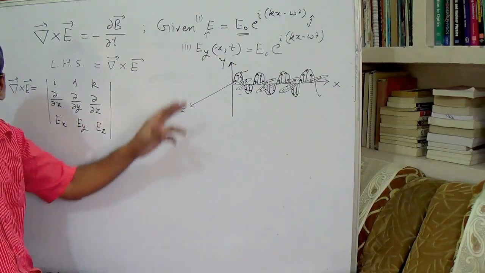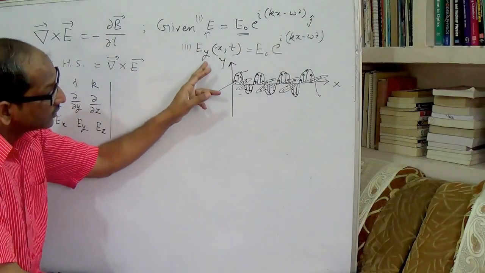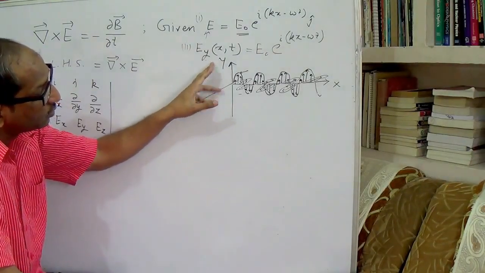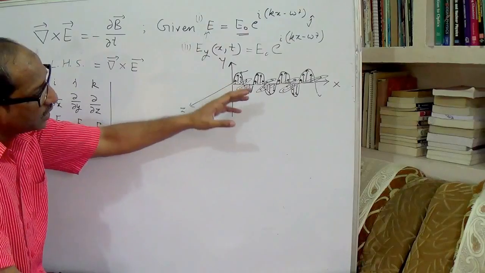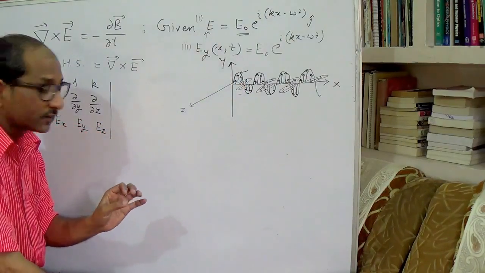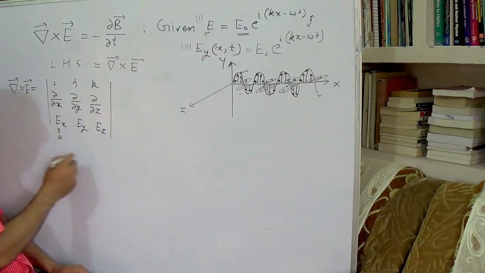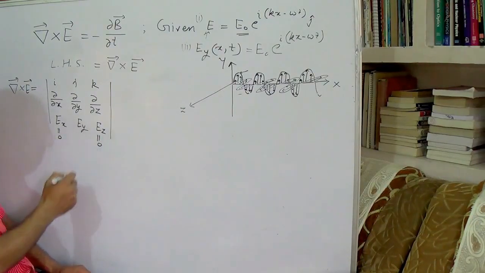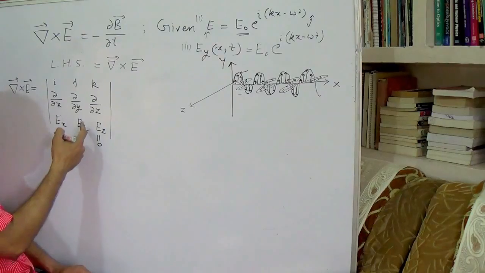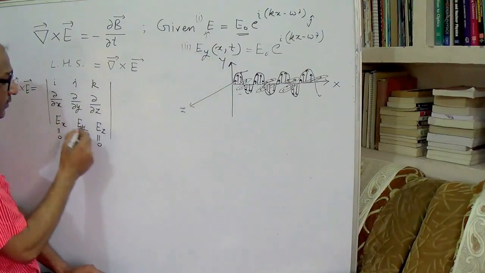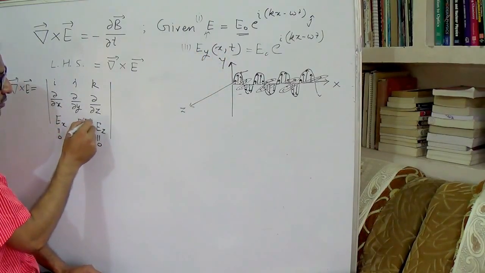Now this point is very clear that the y component of the electric field is given, other components are 0. So I will write here Ex is equal to 0, Ez is also 0, and Ey is a function of x and t, this is given.